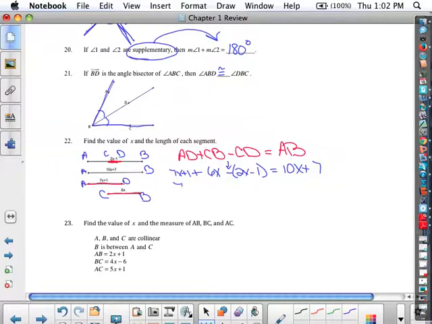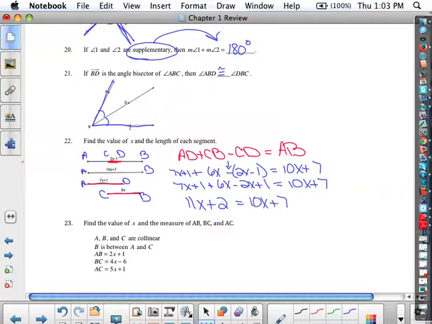So you will have 7x plus 1 plus 6x minus 2x plus 1 equals 10x plus 7. When you combine like terms, 7 and 6 is 13, minus 2 becomes 11x, and then 1 plus 1 would be plus 2 equals 10x plus 7.